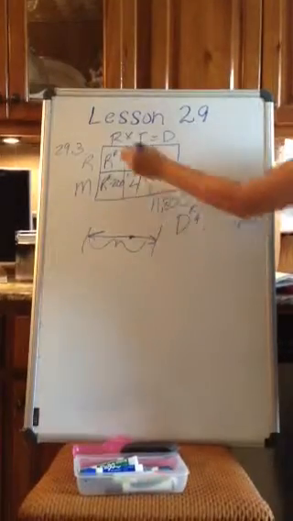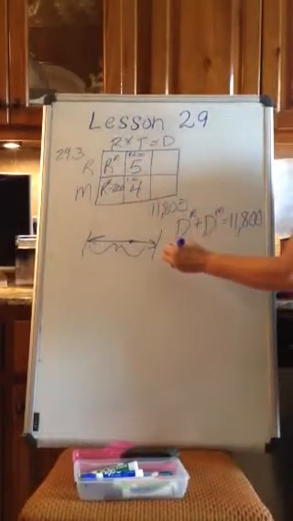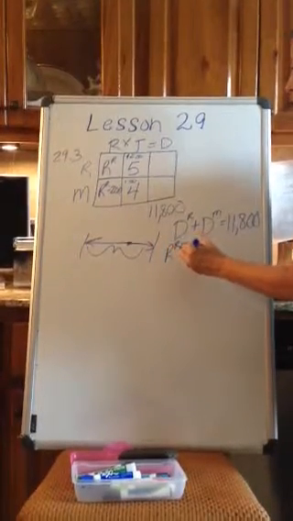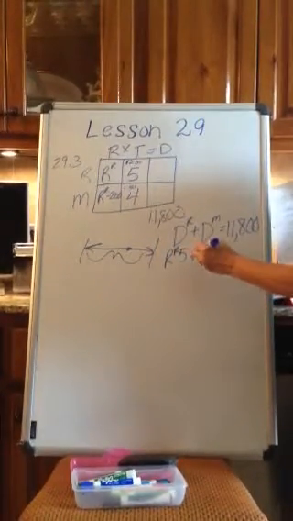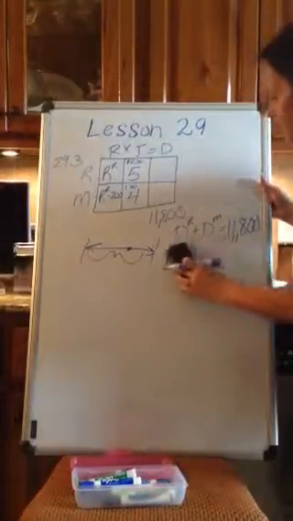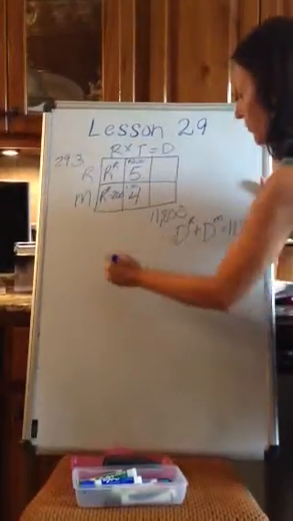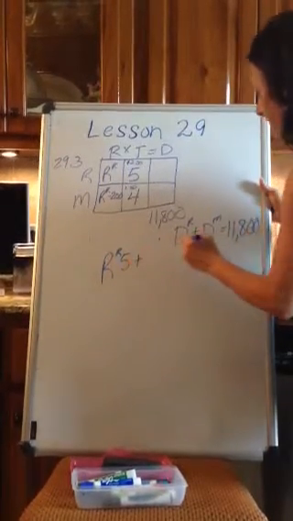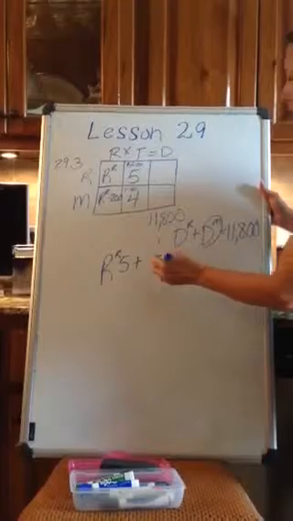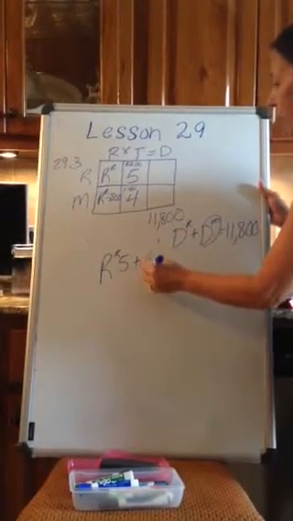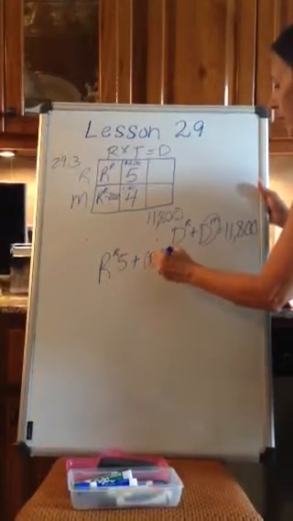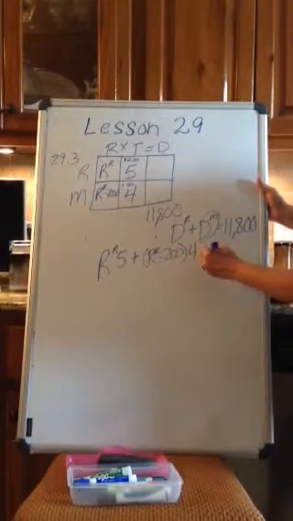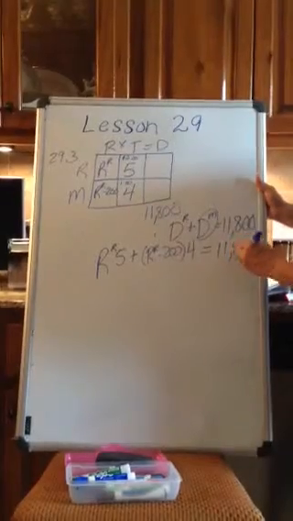And if I substitute in rate times time, then the rate of R times 5 plus, now for the distance of M, his rate was the rate of R minus 200, and it was 4 hours time, equals 11,800.